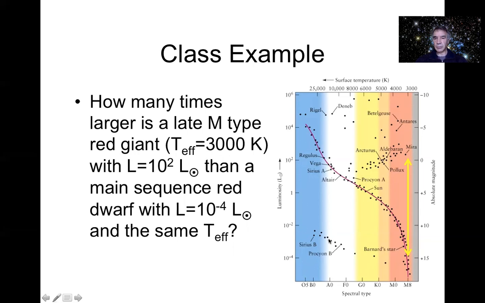And the contrary is also true. So over here, if we compare the star Vega to one of these white dwarfs down here, these white dwarfs would be 1,000 times smaller, pretty much. Yeah, not quite, but nearly. So these are very, very small stars, much, much smaller than the main sequence stars.